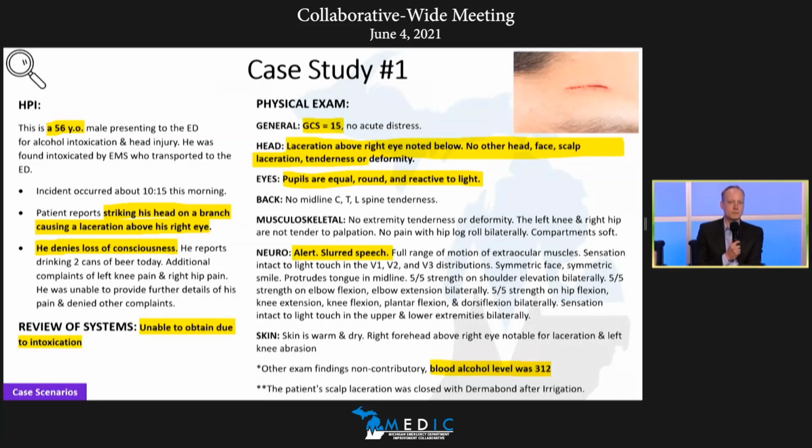And then a pretty normal neurologic exam, actually really extensively documented: pupils normal, reactive. There's a note of some slurring of speech, but an alert patient. You can see cranial nerves, sensation, strength, all tested, at least as documented, and normal.